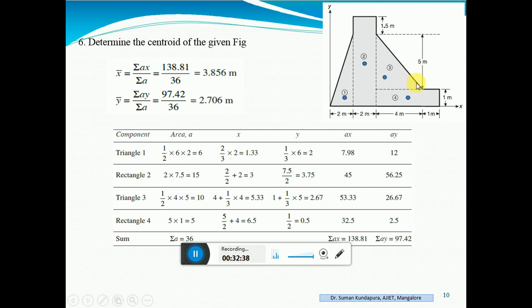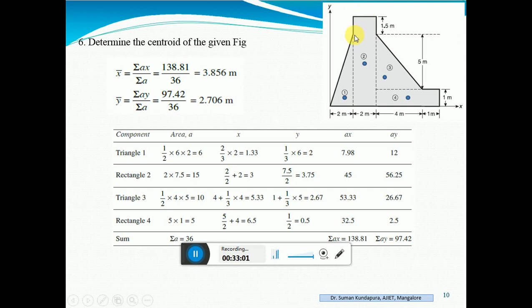Somebody else may solve it in a different way. Somebody can put a small square here, one more square here. For his convenience, he can divide the entire figure into a number of small figures and solve. So it is left up to you how you will solve it.